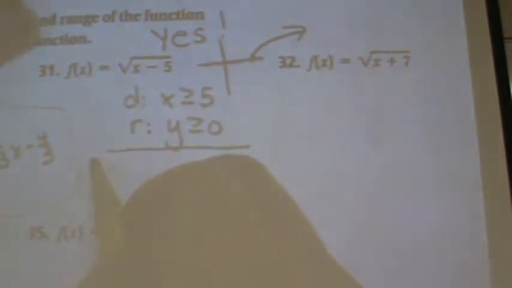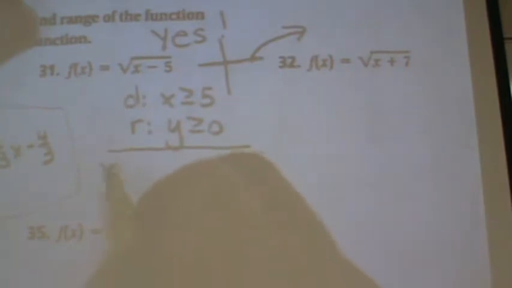So now to find the function, you switch x and y around. So instead of y equals square root of x minus 5, you have x is equal to the square root of y minus 5. You're going to square both sides, y minus 5, and then add 5. Sorry, I'm off here. Give myself some room here.